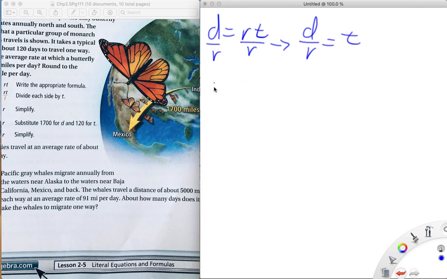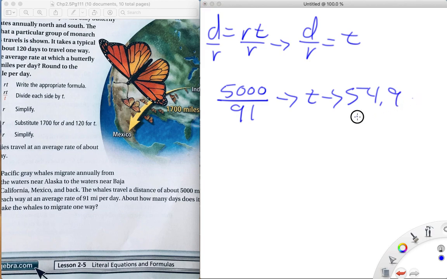They tell me that the distance is 5,000 and that the rate is 91, which will give me my time in days. So for a whale to go 5,000 miles at a rate of 91 miles per day, it's going to take about 54.9, or 55 days.